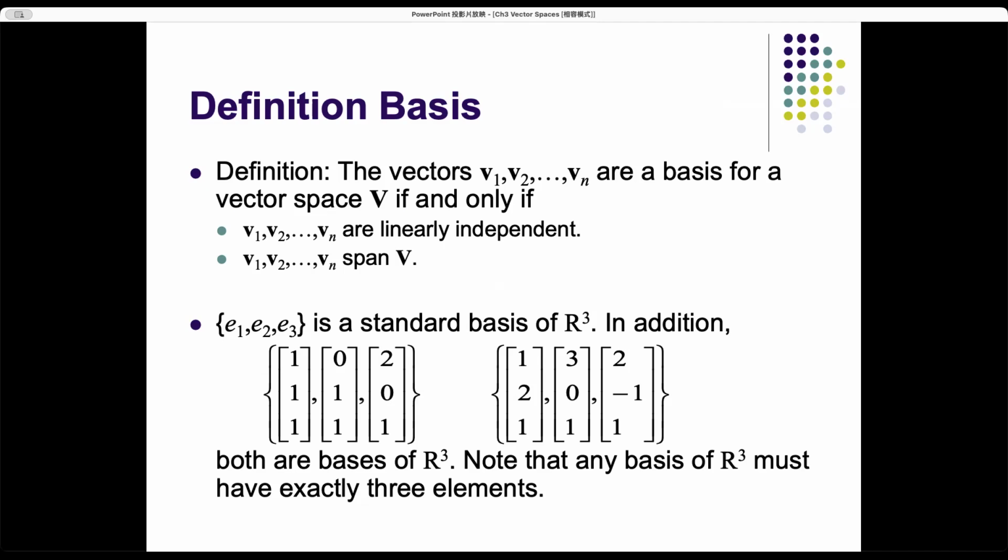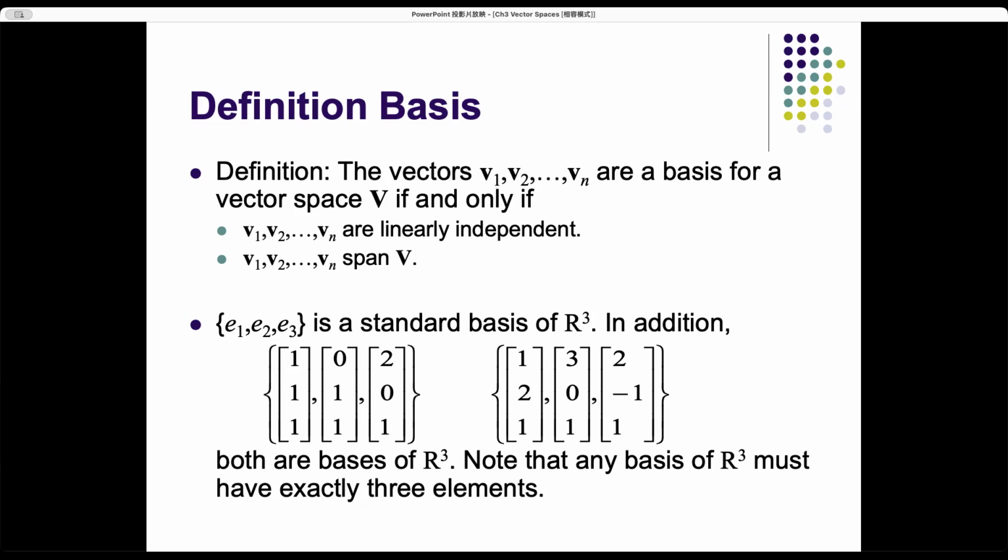These three column vectors would obviously be a basis for R3, because they are linearly independent, and any vector in R3 you can span using e1, e2, e3. So we say e1, e2, e3 are a standard basis.